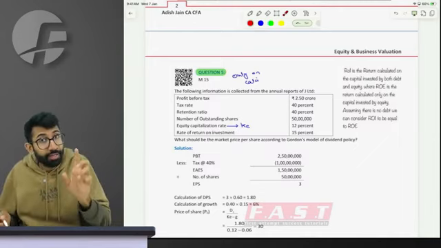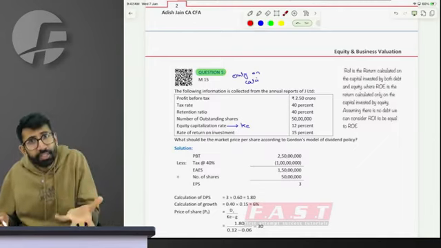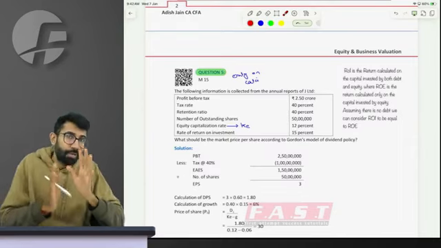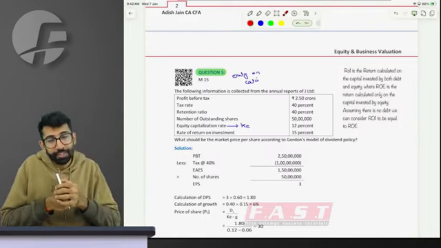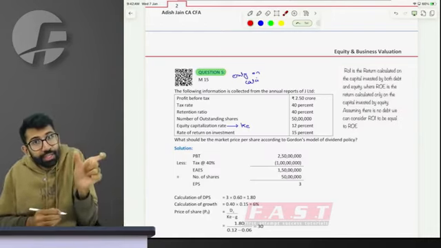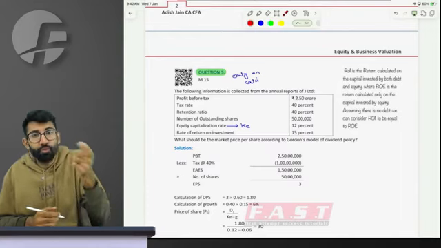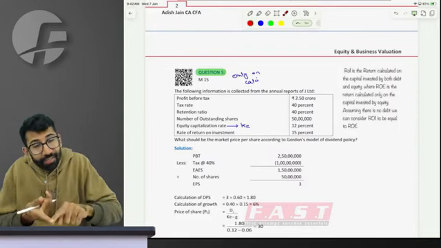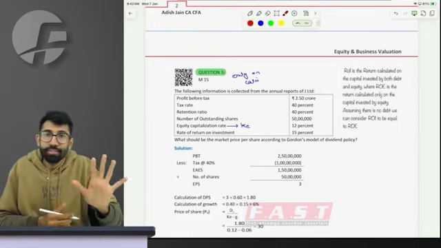Don't focus on writing it down right now. Please understand. You first have to understand what I'm saying, then you write it down. Let's assume that my business has only equity invested. Then whatever return on the investment of equity I have will be ROI as well as ROE. Could you understand what I said?